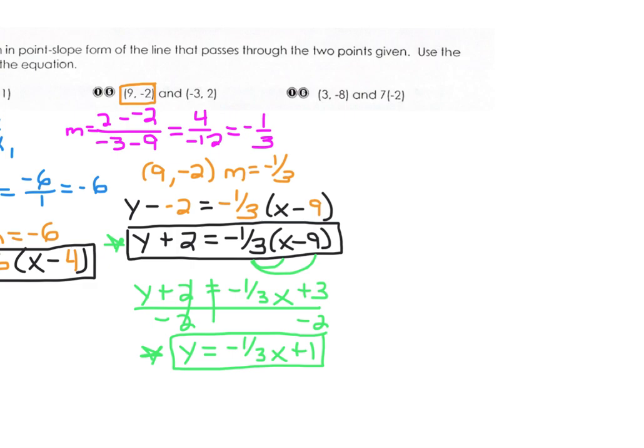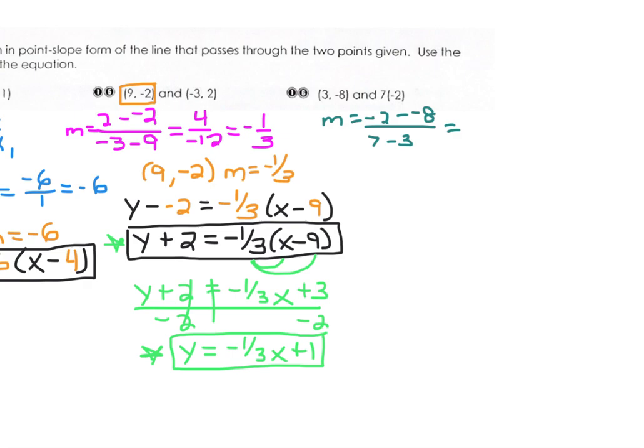So the first thing we needed to do was to start by finding that slope. So as we take negative 2 minus negative 8 over 7 minus 3. Minus a negative 8 would turn that into plus a positive.